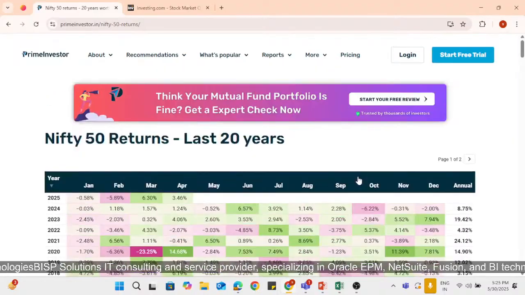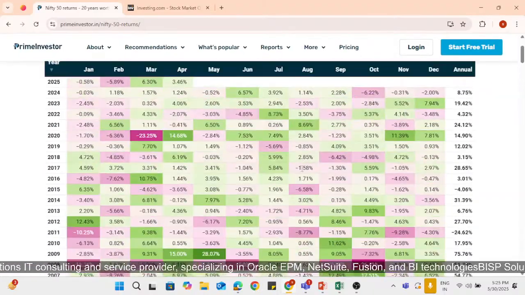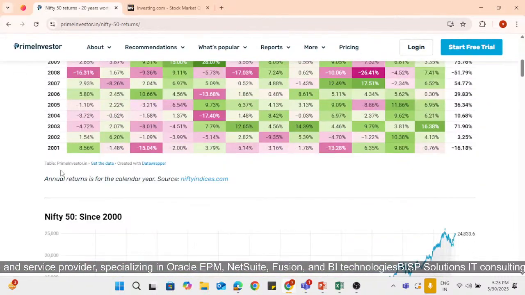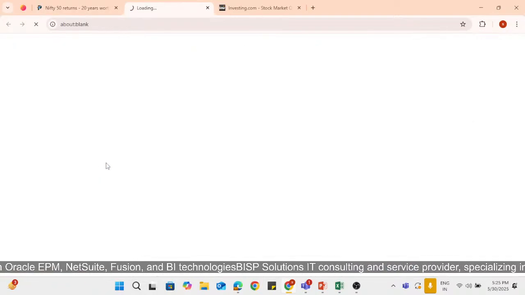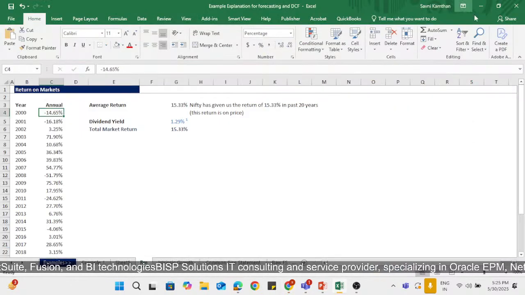Now I have to download it. Here we are not finding any data, but at the end of this table we will be getting a primeinvestors.in get-the-data option, and once we download it, it will be showing us this sheet.